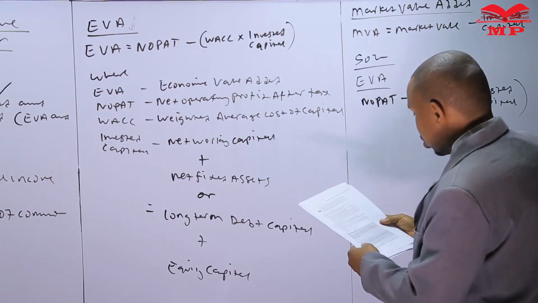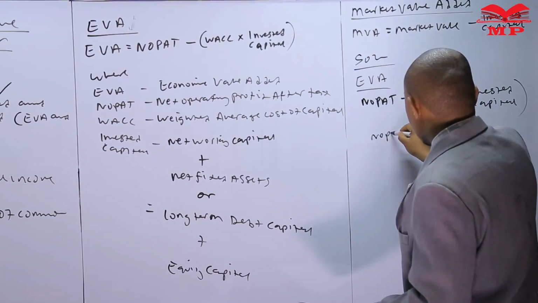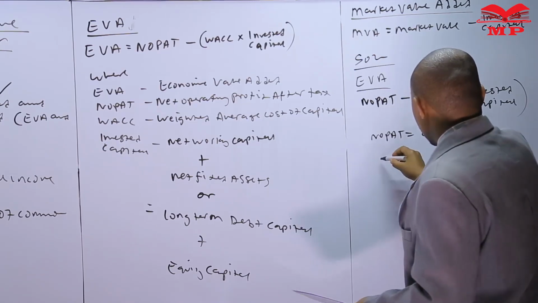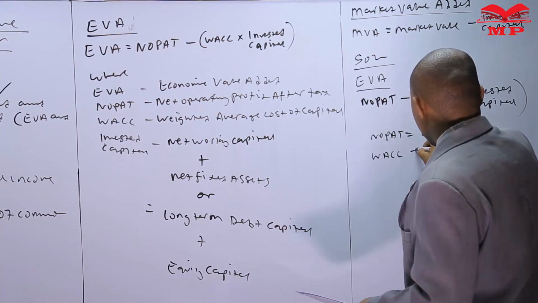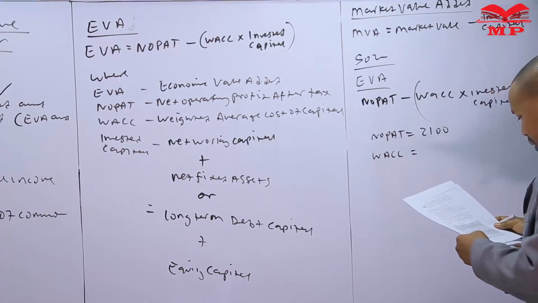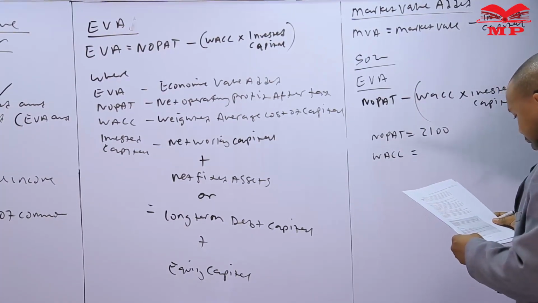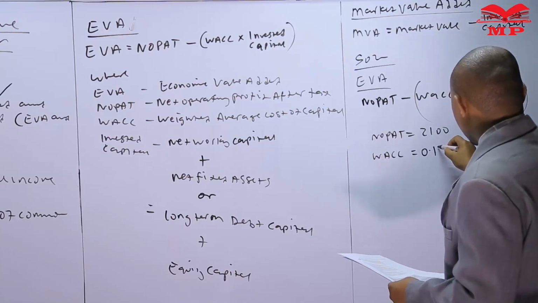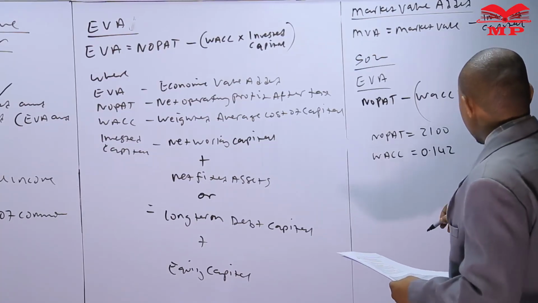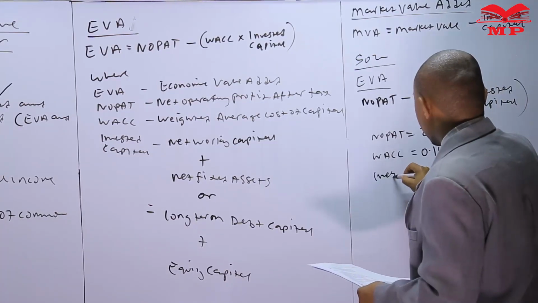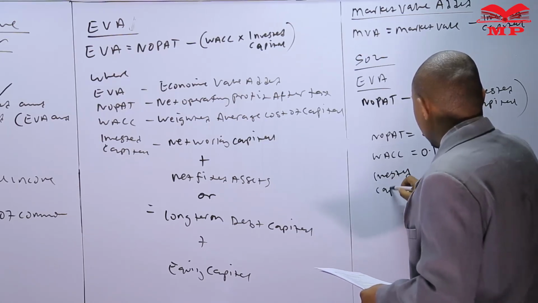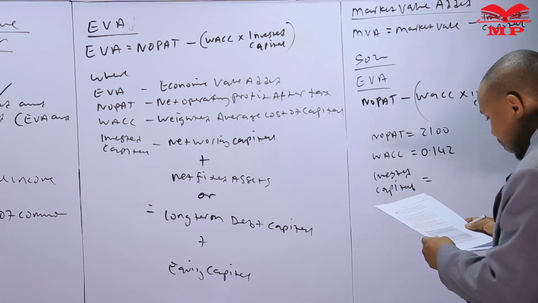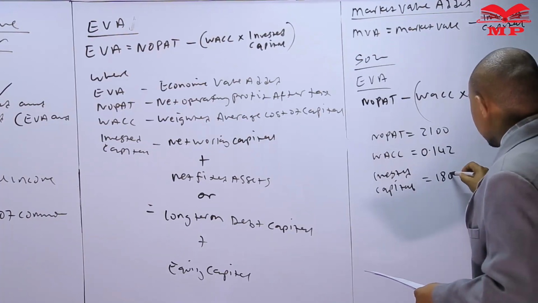Yes, NOPAT is 2100. The WACC is 14.2%, 0.142, and invested capital we have been given directly, 18,000.